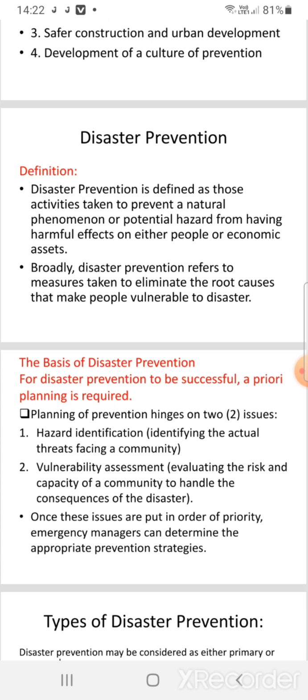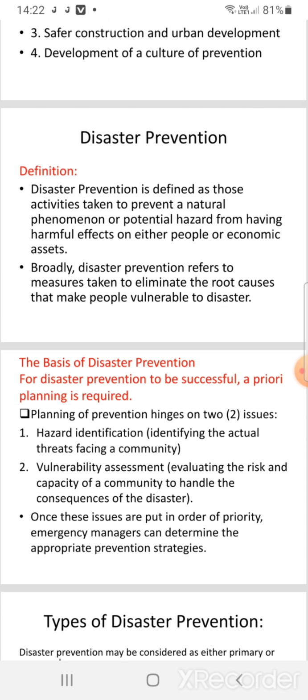When people are vulnerable, when people are weak, when they are easily attacked by the disaster and not in a position to cope with the situation, the causes which put people in such a state are found out and eliminated in disaster prevention.